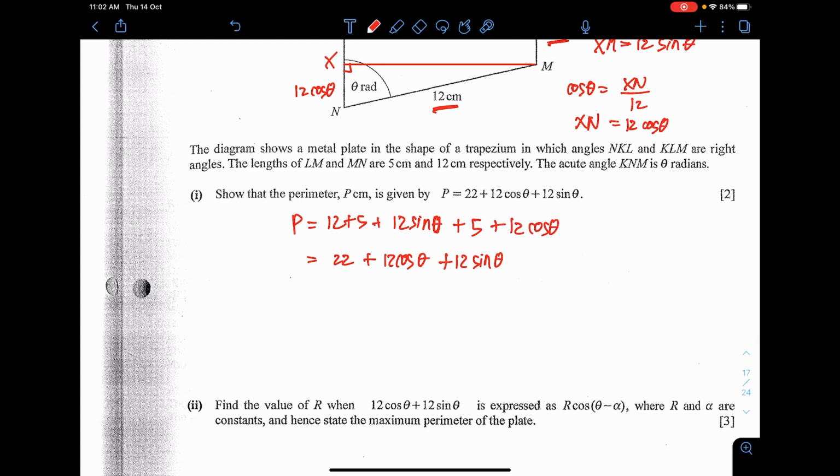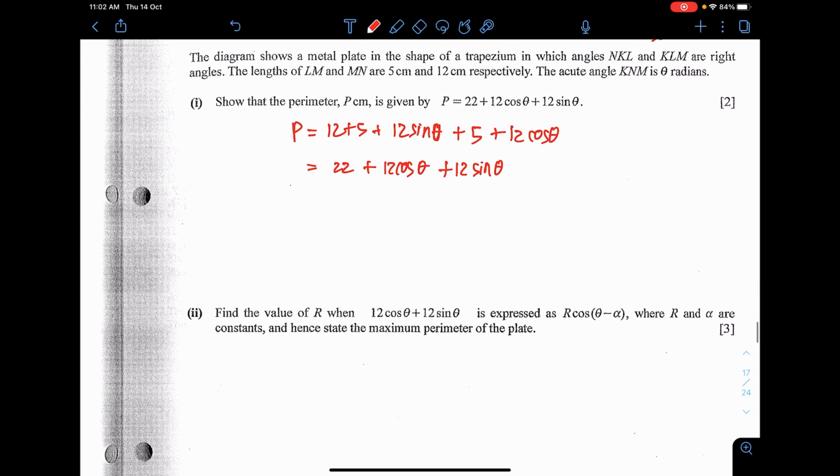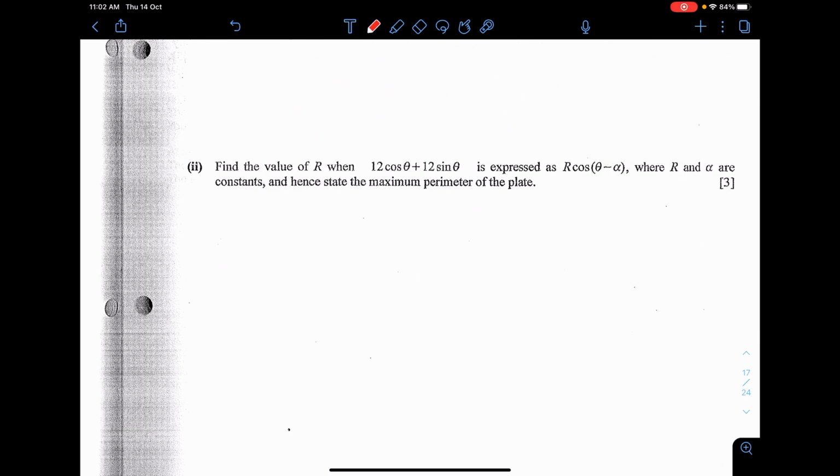Find the value of R when this is expressed as R cosine of (theta minus alpha). Okay, so get the R, which is square root of 12 squared plus 12 squared, which is square root of 288, or that is 12 root 2. And then we need to find alpha. Tangent alpha is b over a, which is 1.